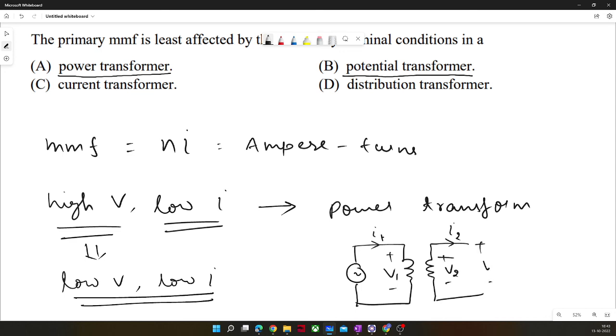You know this. It varies on load. How much load is asking, that much supply will be transferred from the primary side to the secondary side. So it is depending on the secondary side. So this option we can eliminate.